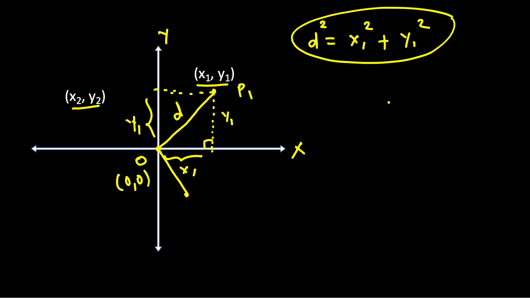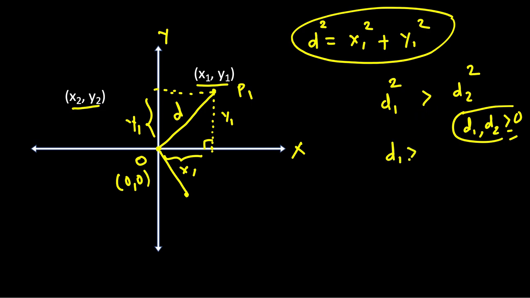but we don't need to take the square root of this since we have two positive quantities, let's say d1 and d2, and we are given that d1 and d2 are both greater than or equal to 0. So both are non-negative quantities, so their squares will also hold the same relation. If d1 is greater than d2, then the squares will also hold.